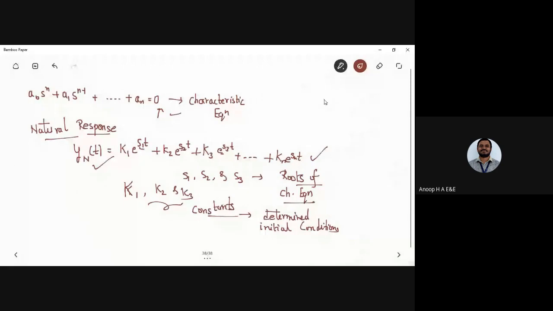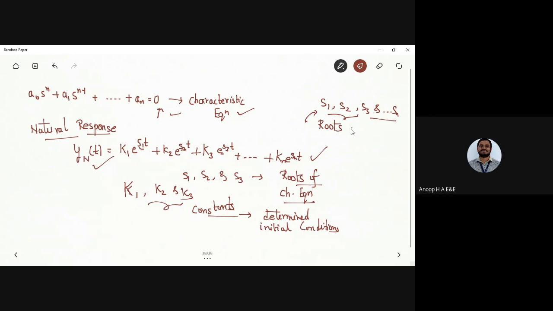So s1, s2, s3 up to sn, whatever may be the degree, are the roots of the equation from the characteristic equation.